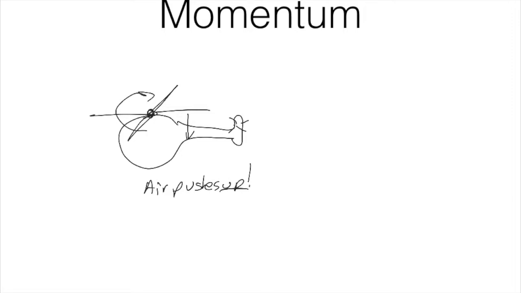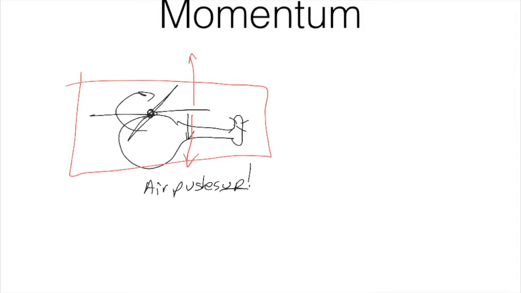Now, if we consider momentum, then we consider this as a system. In the system, what has momentum? Well, the air is gaining momentum downwards. And so if the air is gaining momentum downwards, then the helicopter must gain momentum upwards. And so that's your idea of conservation of momentum. Now, of course, a lot of air has to be pushed down because air doesn't have a lot of mass.